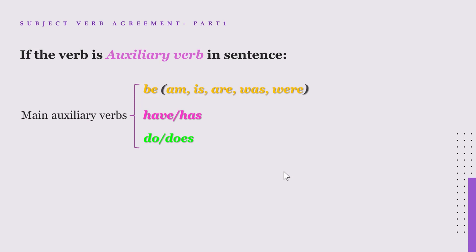An auxiliary verb, also known as a helping verb, is a verb that is used alongside the main verb in a sentence to convey additional information about the action or state expressed by the main verb. Their usage depends on the specific structure and the purpose of the sentence. I'm going to tell you how you can use it in your sentence.